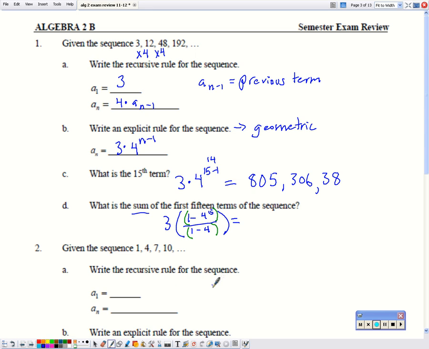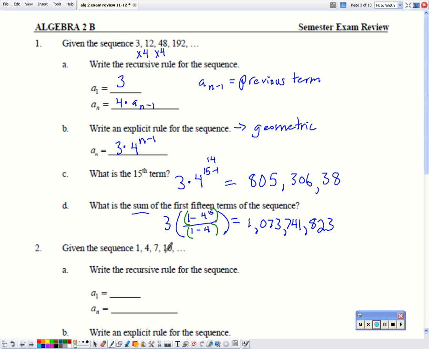And you get a very, very large sum of 1,073,741,823.